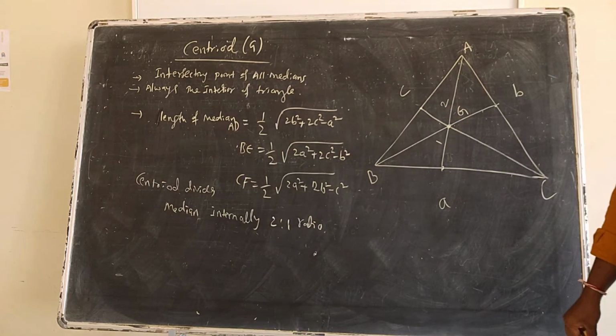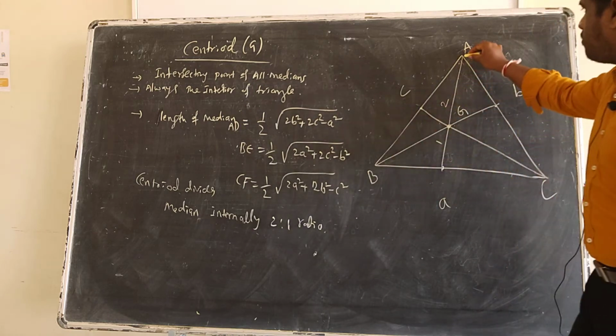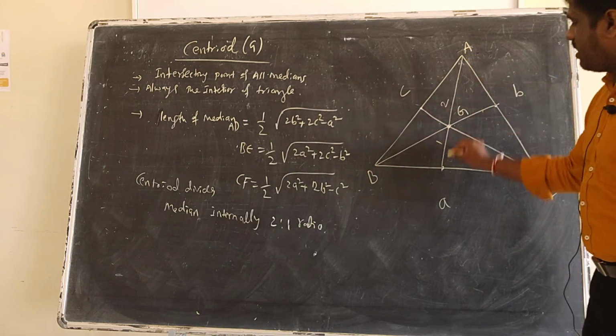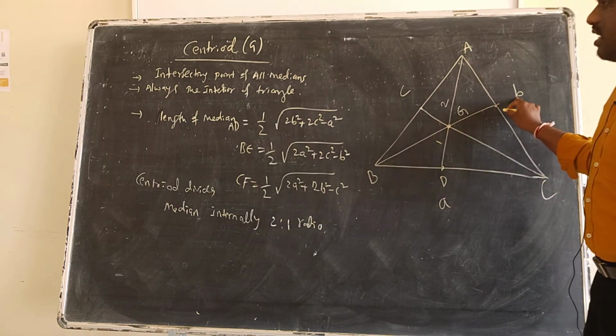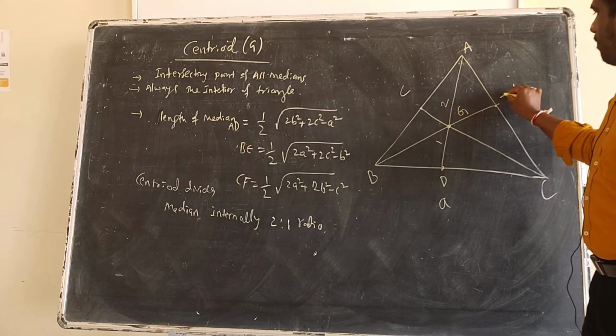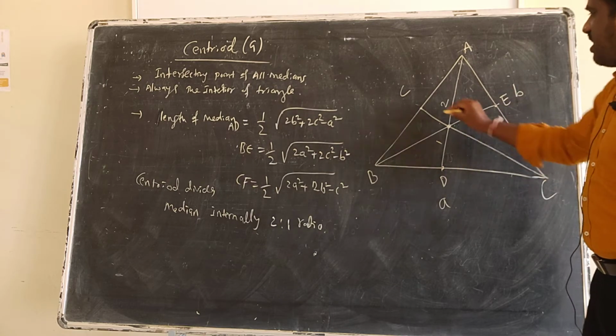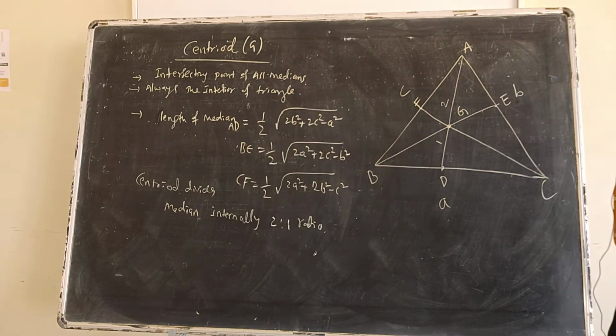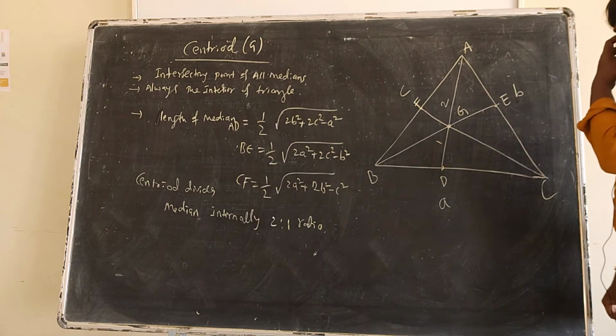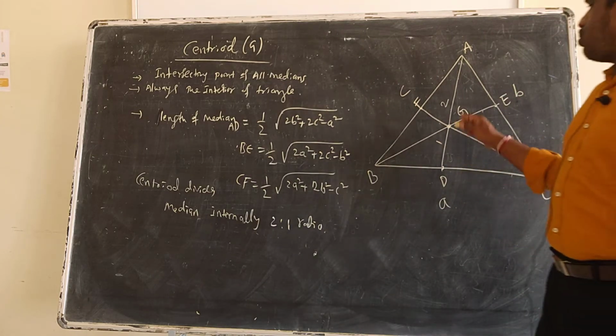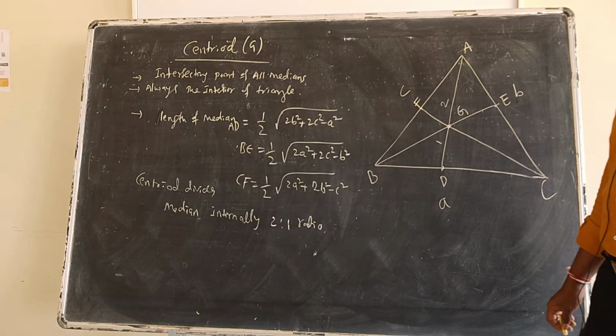And the length of the medians AD, BE, CF: the formula is half of the square root of 2b square plus 2c square minus a square.